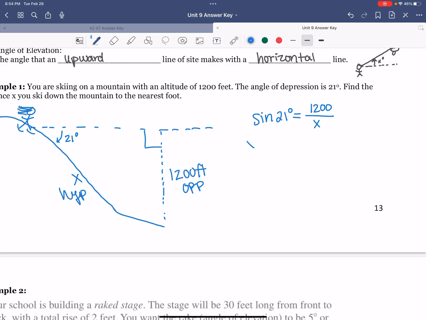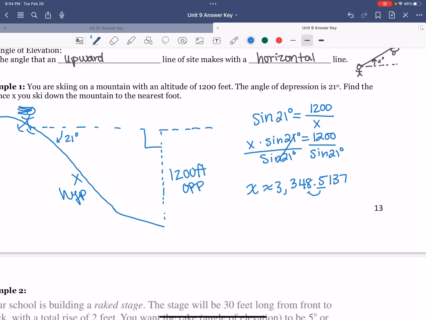Multiply both sides by x. I get x times sine of 21 degrees, and that's going to equal 1,200. And then we're going to divide both sides by that number, sine of 21 degrees. So I should get x to equal just about 3,348.5137.